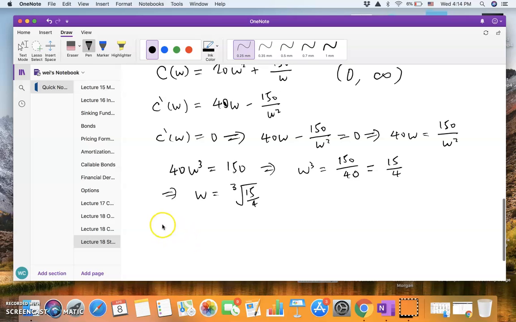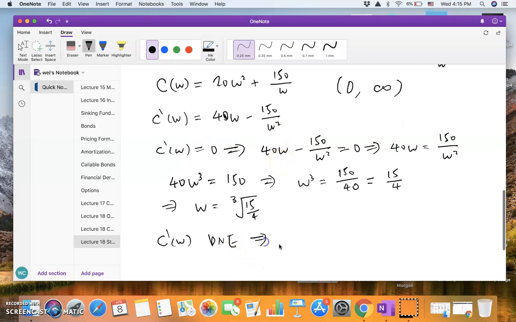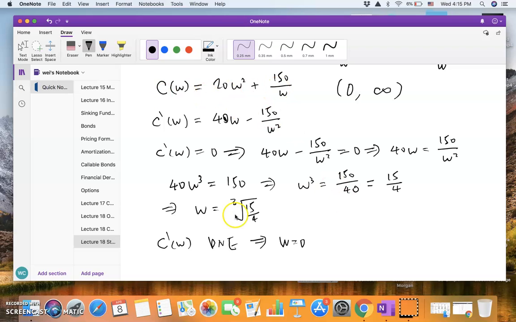And the derivative does not exist when w equals 0. However, since 0 is not in the domain of the function, this is not a critical point. So in this problem, we have only one critical point, that is the cube root of 15 over 4.